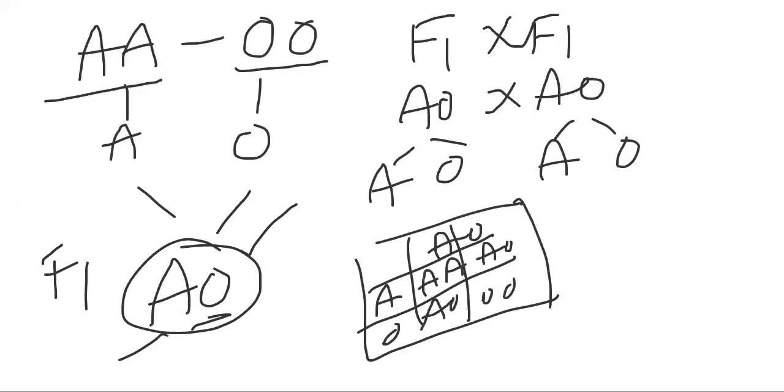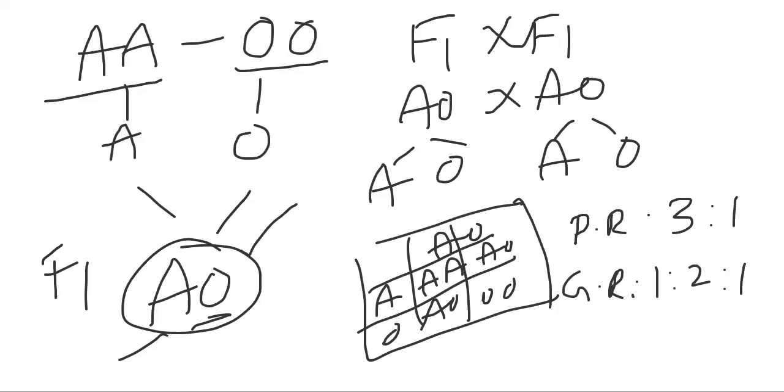That means the phenotypic ratio is 3 is to 1, that is 3 A blood group persons and 1 O blood group person. Genotypic ratio, 1 is to 2 is to 1.